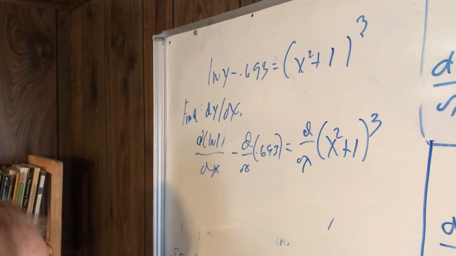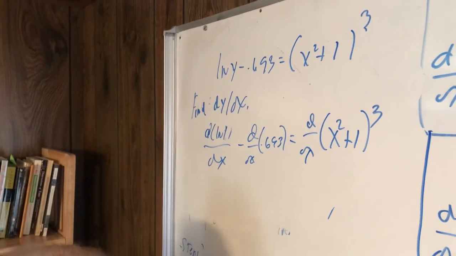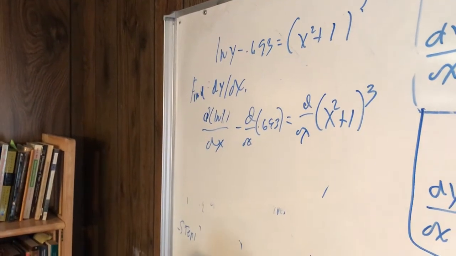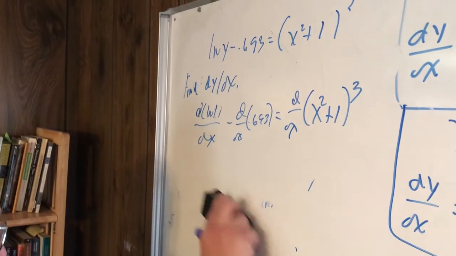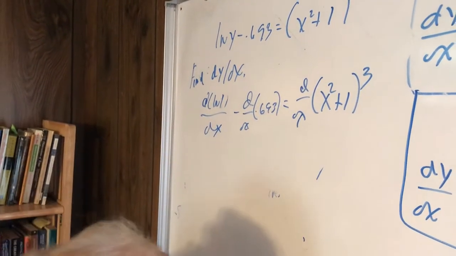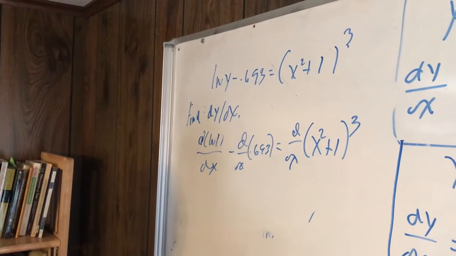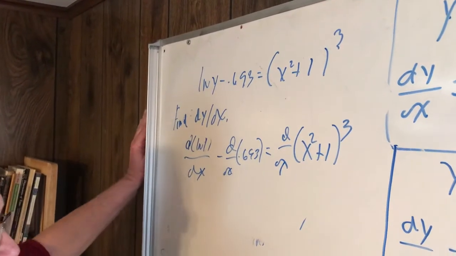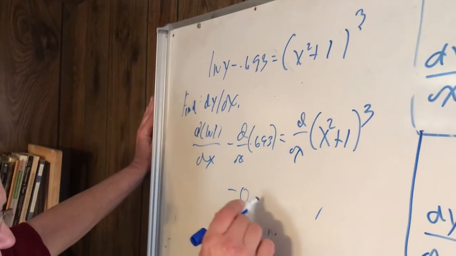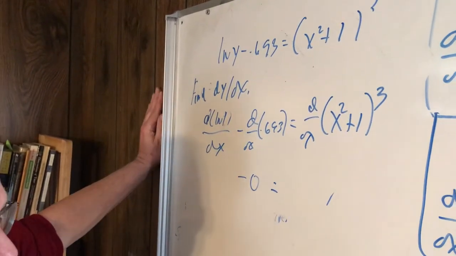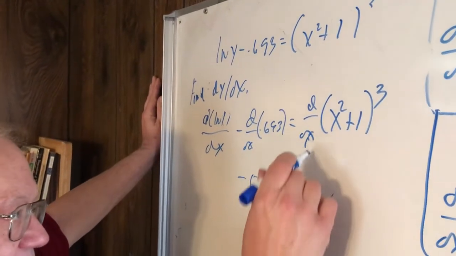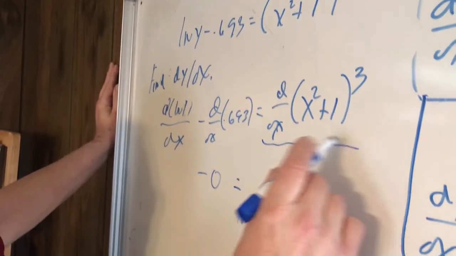So let's see what we have now. Let's erase this. Well, this is 0. Now what about this? Well, this is a chain rule, right?